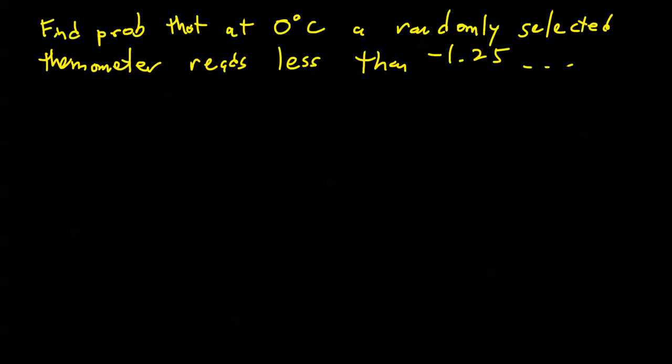Well, if it's 0 degrees Celsius out, maybe that's a bad thing to read less than negative 1.25 degrees. Your thermometer would then be reading too low, but I suppose it could happen, and we want to find that probability.